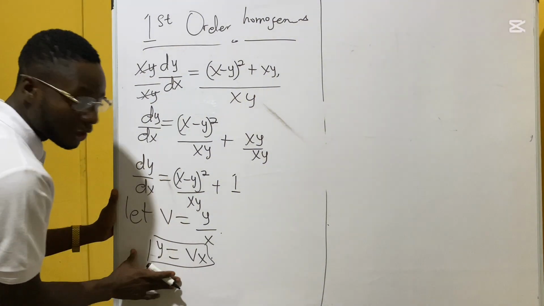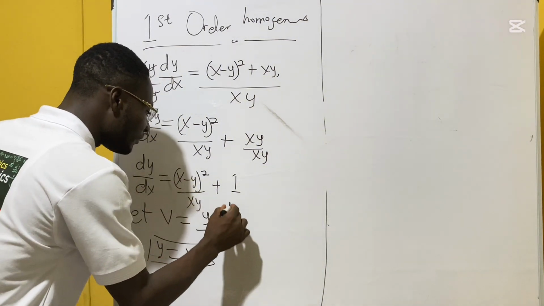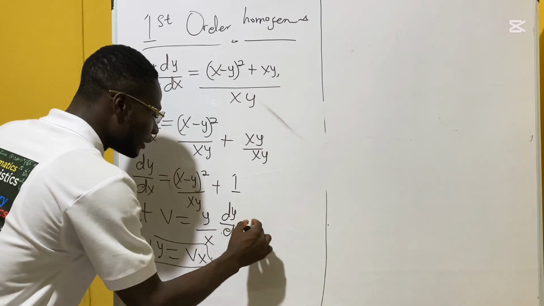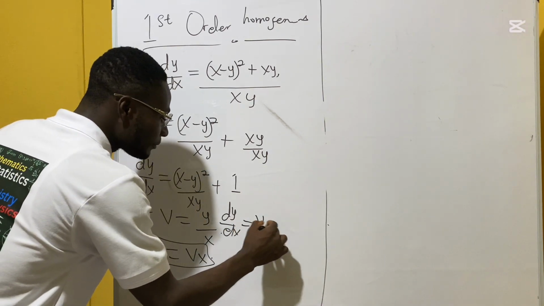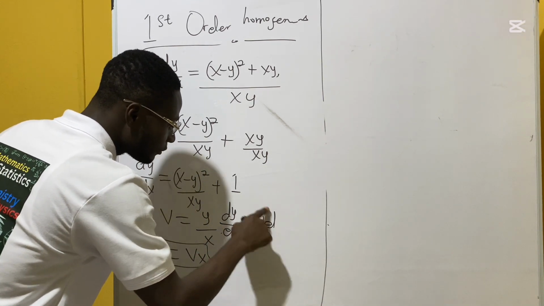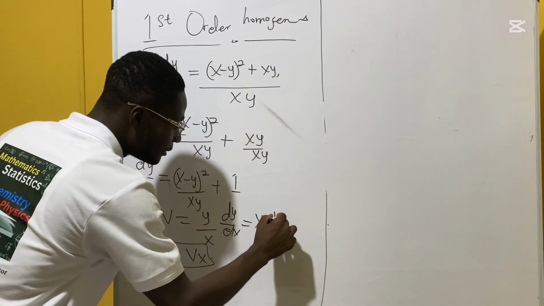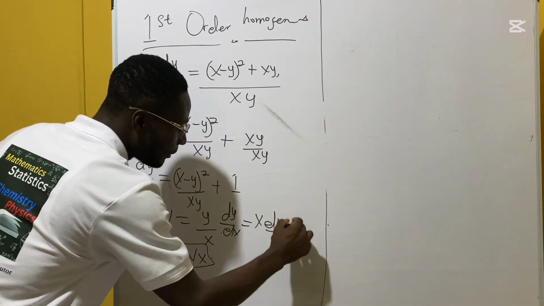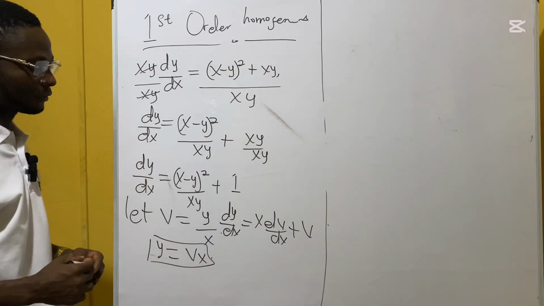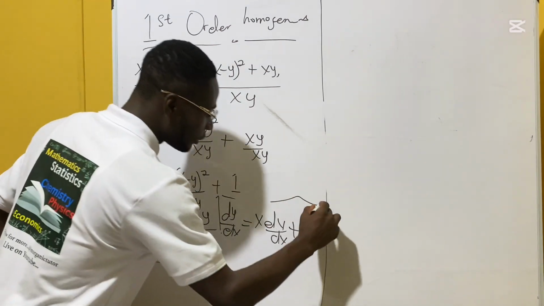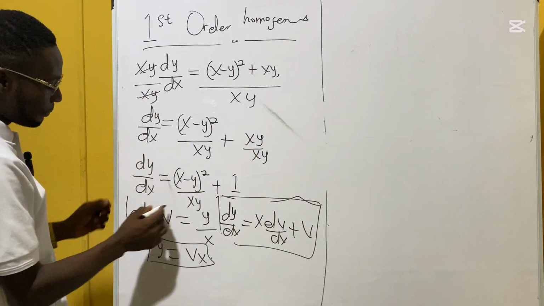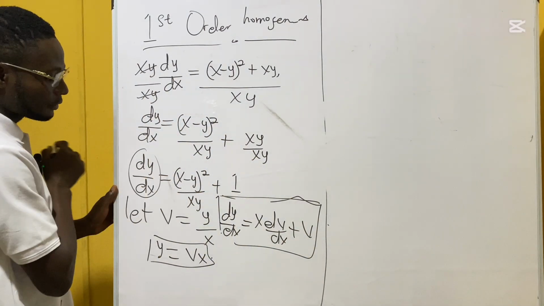So as usual, when you differentiate this, you are going to have dy dx equals x dv over dx plus v. Right? So we are going to do this substitution in place of dy dx over here.